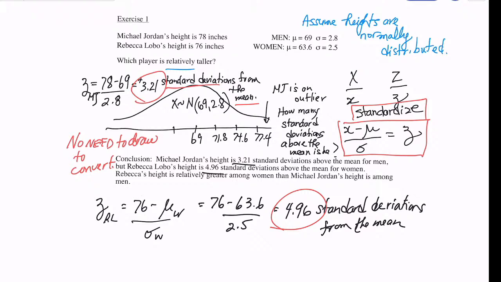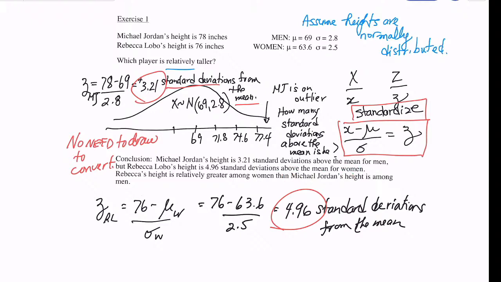Questions? So the conclusion is Michael Jordan's height, let me clean this up. Michael Jordan's height is 3.21 standard deviations above the mean for men. Rebecca Lobo's height is 4.96 standard deviations above the mean for women.